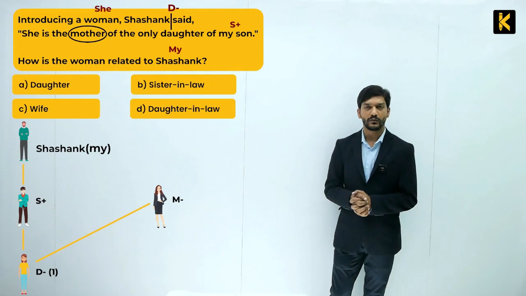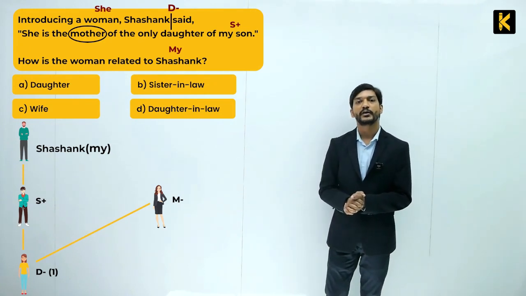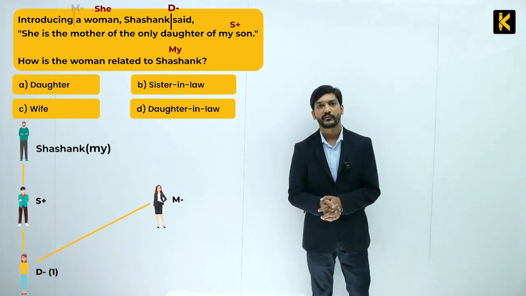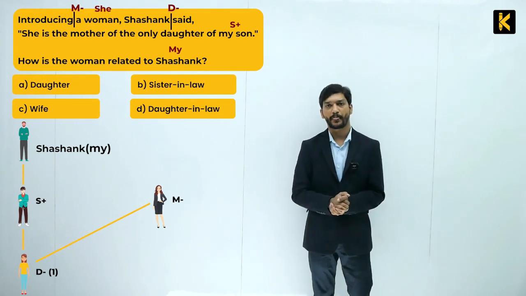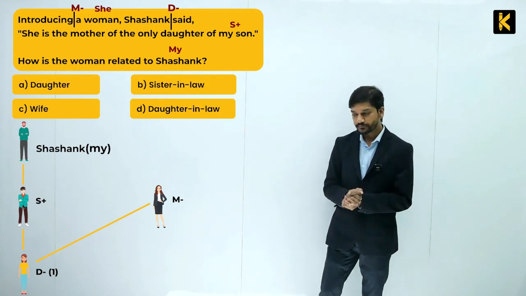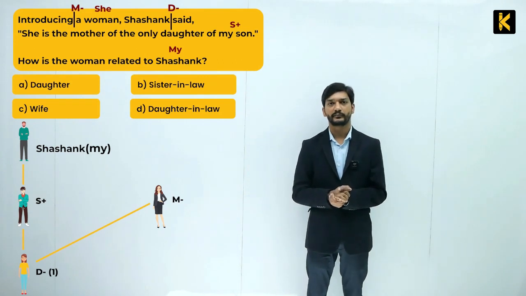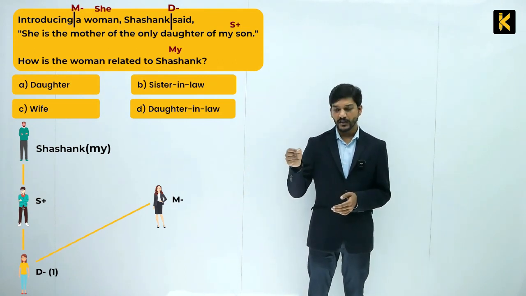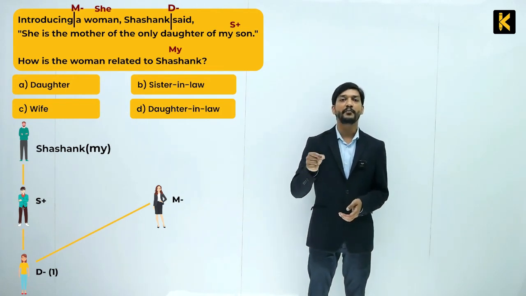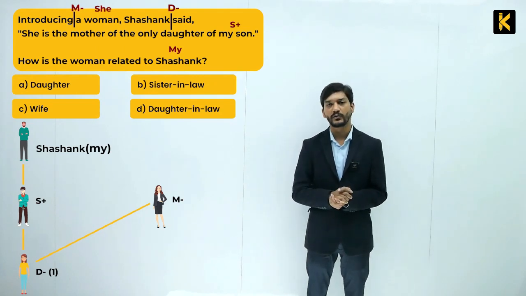Alright. Now, let me show it in the statement as well, that mother of only daughter is represented by which letter in the diagram? It is M minus. So I have shown it. Alright. Now go back please. In the statement, now you will see she is the mother. She is the mother means M minus. She means the woman Shashank is talking about.